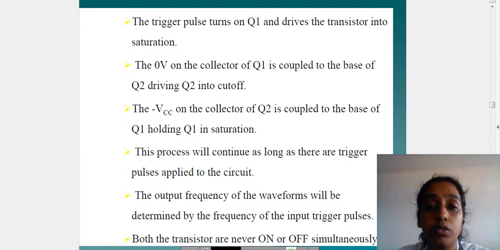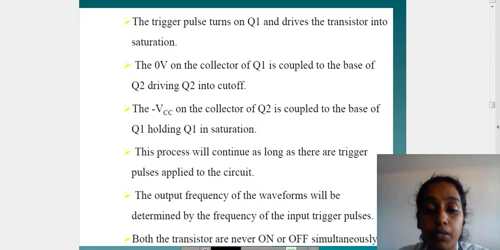The 0 volt on the collector of Q1 is coupled to the base of Q2, driving Q2 into cutoff. The VCC on the collector of Q2 is coupled to the base of Q1, holding Q1 in saturation. This process will continue as long as there are trigger pulses applied to the circuit.